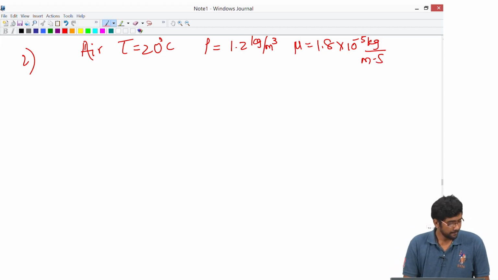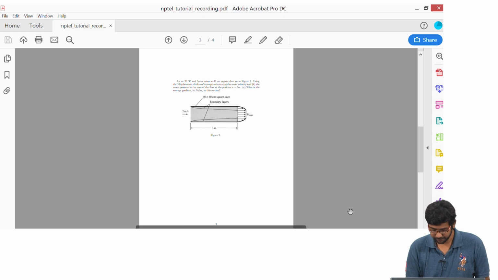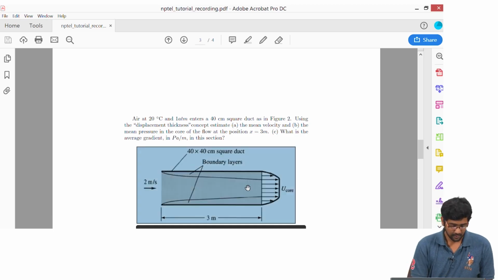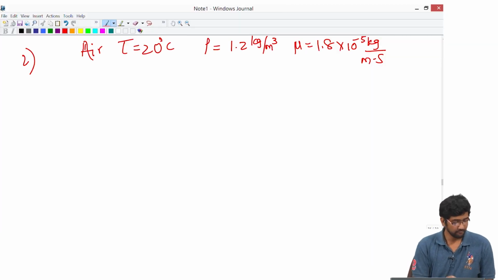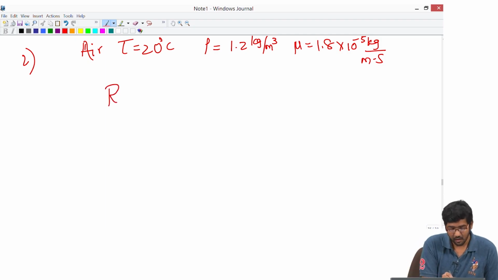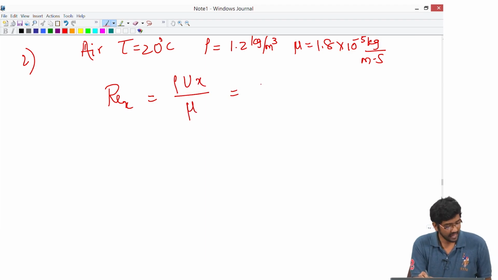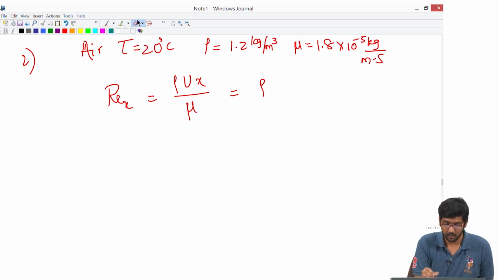Now, we were asked to calculate the velocity at the exit. If we look at the question, we are asked to calculate the mean velocity, which means the velocity at the exit. To calculate that we need to impose the continuity equation, we will get to that, but first let us calculate the Reynolds number, which is defined for this problem as rho u x by mu, and we have an inlet velocity.